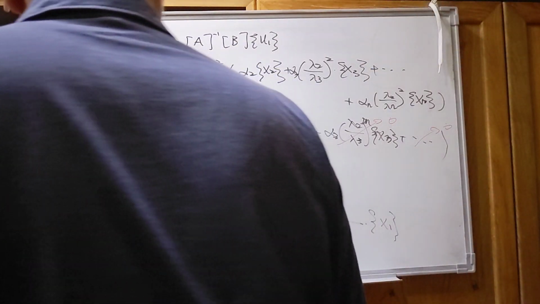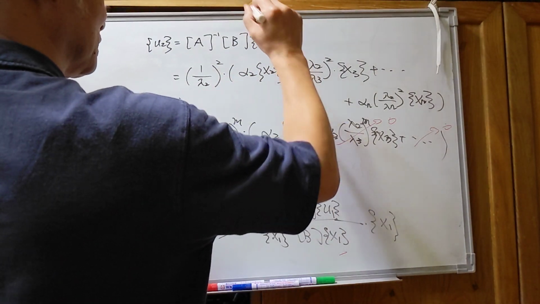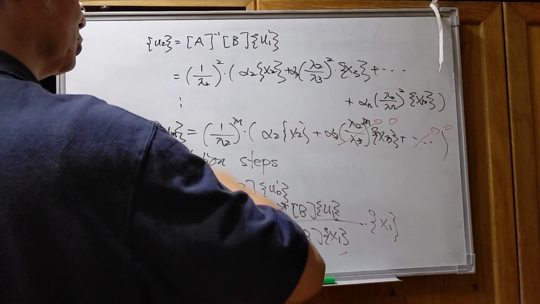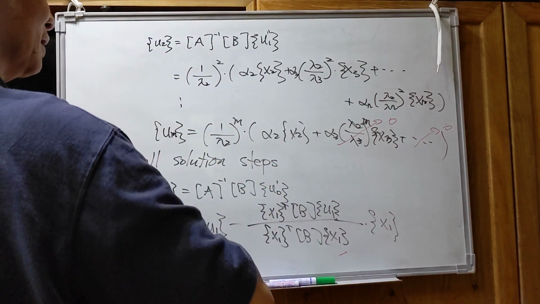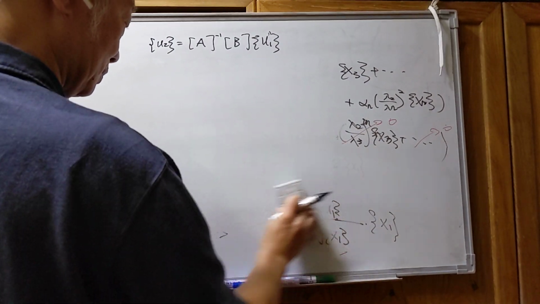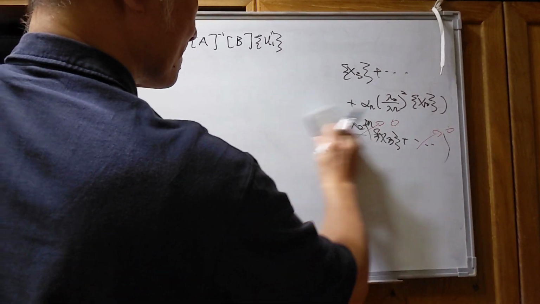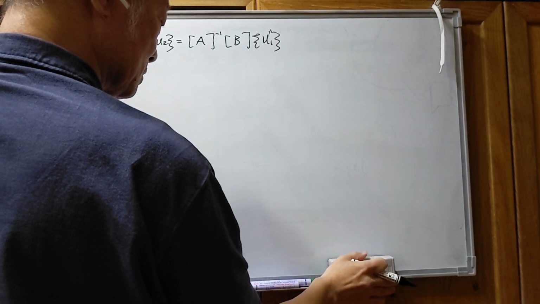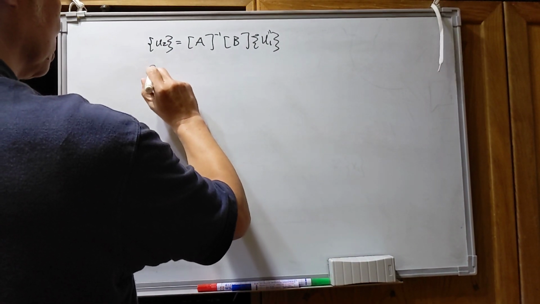Then at the next step, we use u1 prime to calculate u2. After we calculate u2, we need to calculate u2 prime.